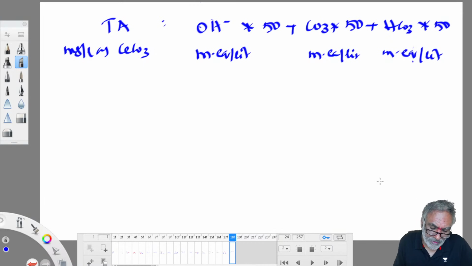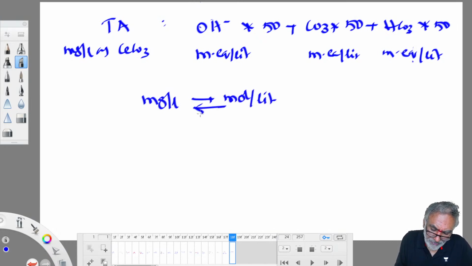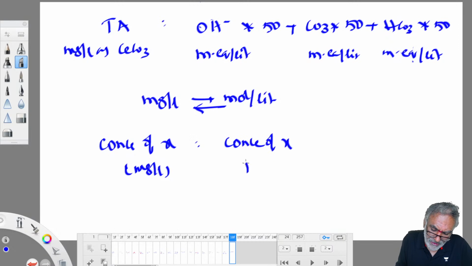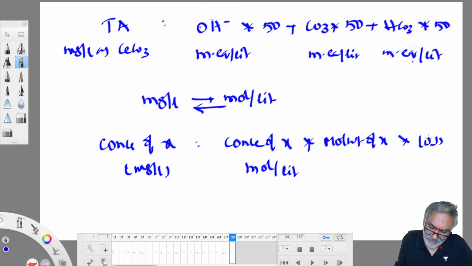So we discussed conversions from milligram per liter to moles per liter, and moles per liter to milligram per liter. How to convert? Concentration of X in milligram per liter, X could be anything, is equal to concentration of X given in moles per liter into molecular weight of X into 1000.